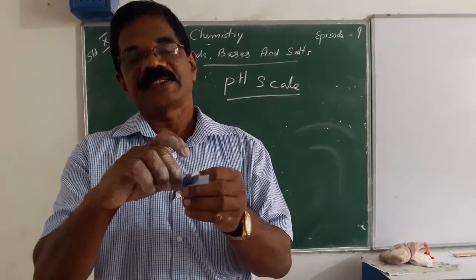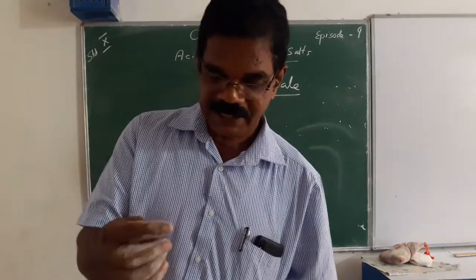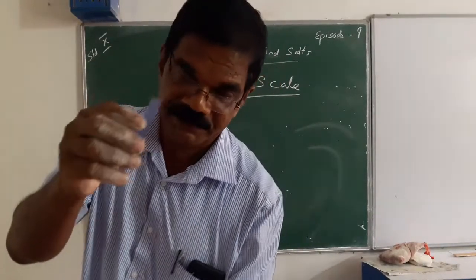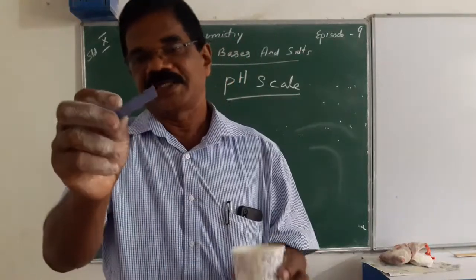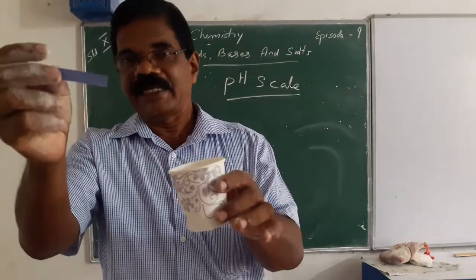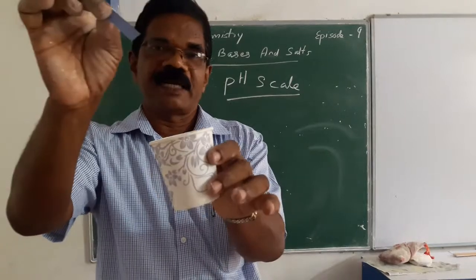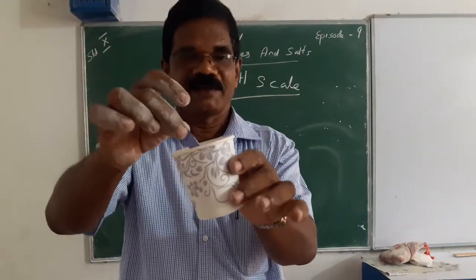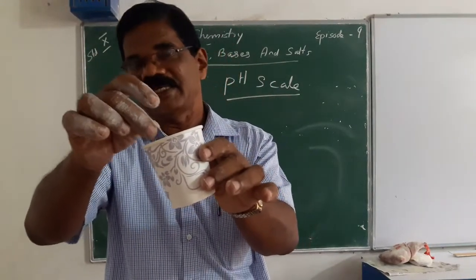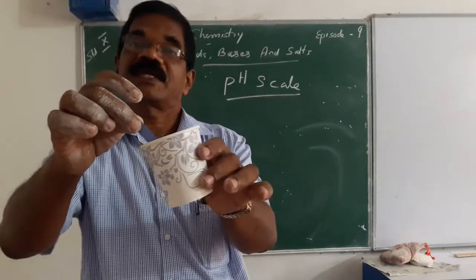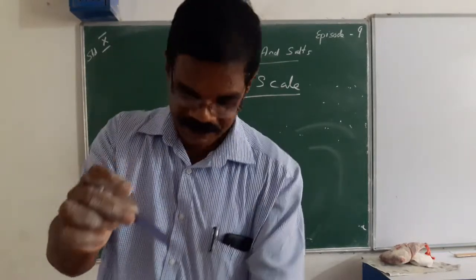This is the universal indicator. We take one strip from the universal indicator, then dip it in the given solution. Its color changes according to the concentration of the hydrogen ion.